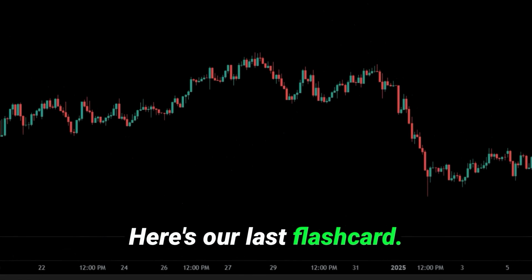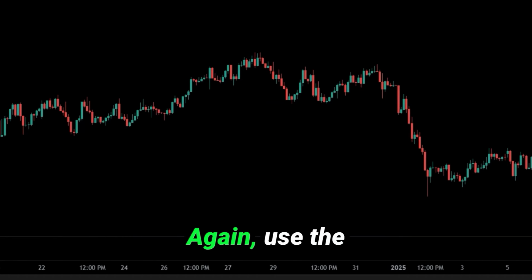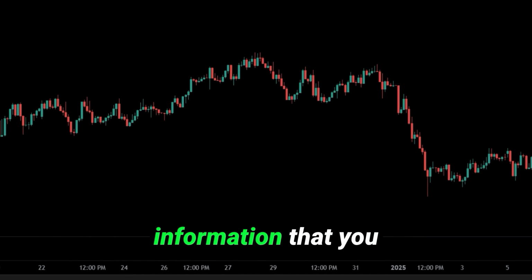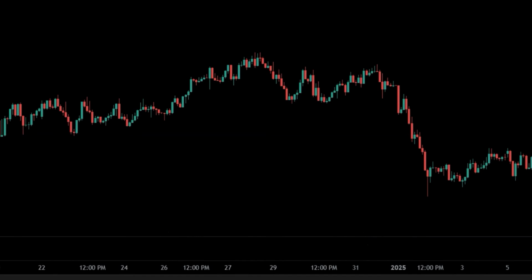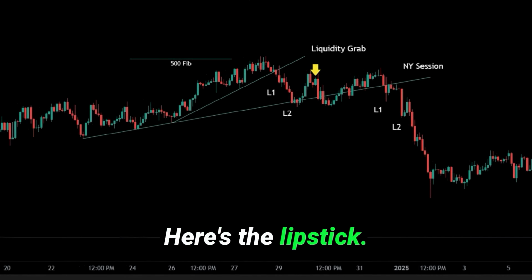Here's our last flashcard. Again, use the market maker model, trend lines, and any other information that you can see on the chart. Here's the lipstick.